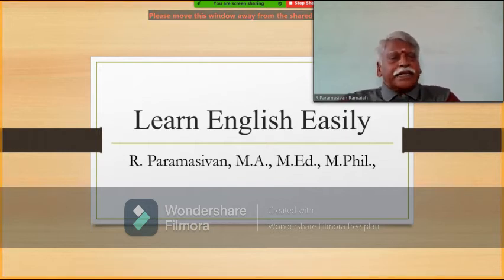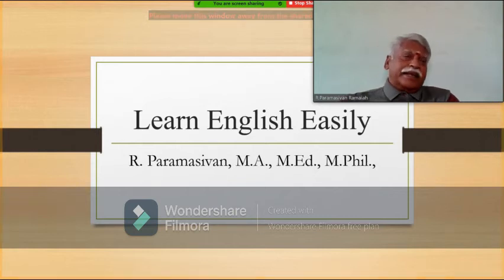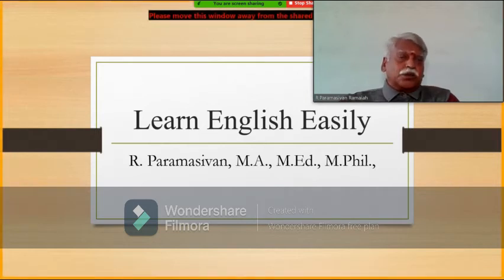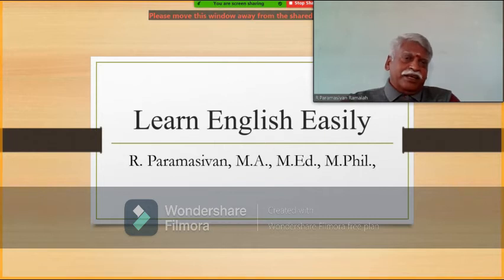If a verb is connected to an object, it is called transitive verb. If it is not connected to any object, then it is called intransitive verb. Why do we classify these verbs into these two different categories? Because intransitive verbs cannot be changed into passive voice. So for that purpose, we classify them into transitive and intransitive verbs.